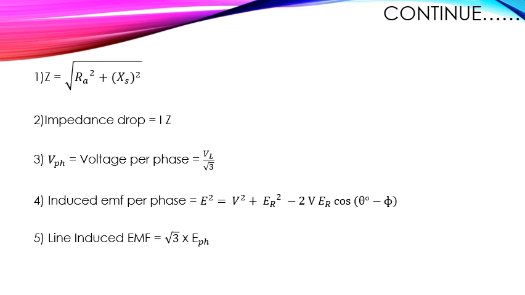Then impedance drop is the product of current and impedance. Then voltage per phase VL by root 3. Induced EMF per phase: E square is equal to V square plus ER square minus 2VER cos of (theta degree minus phi). And the line induced EMF can be calculated by taking the product of root 3 times the phase voltage that we already calculated in the above equation.